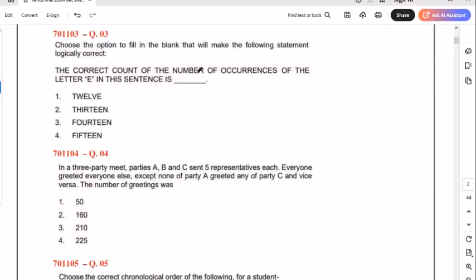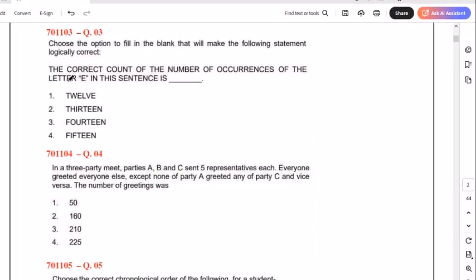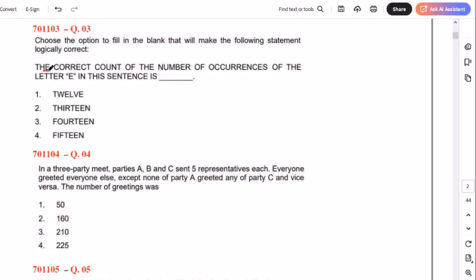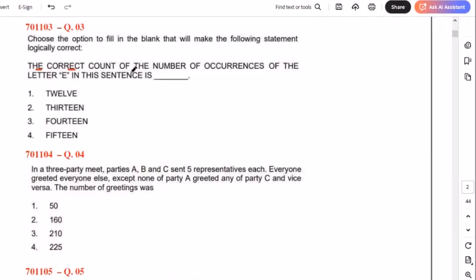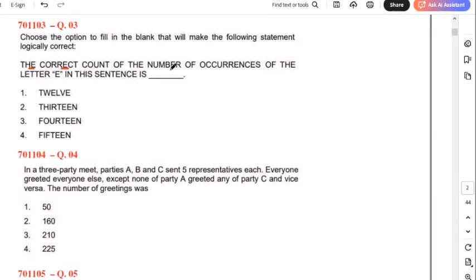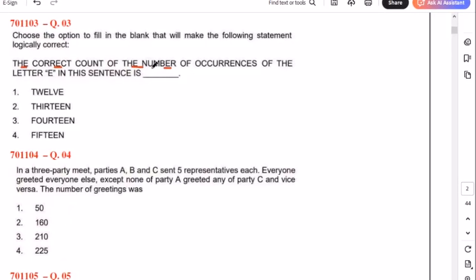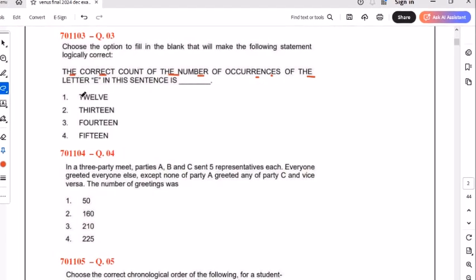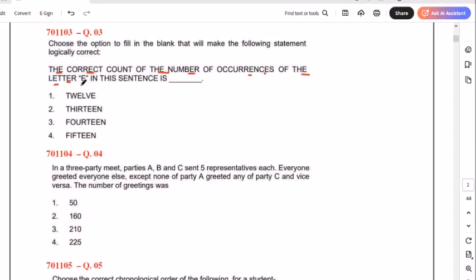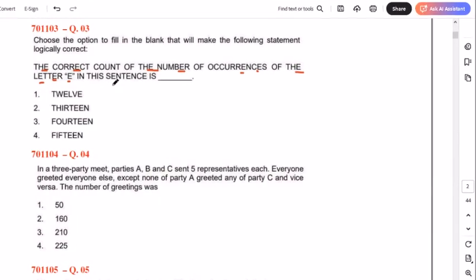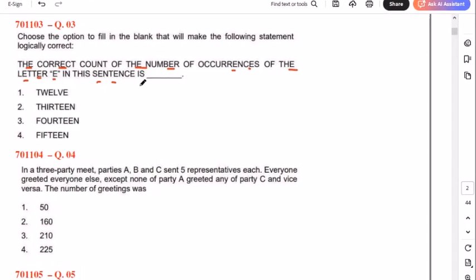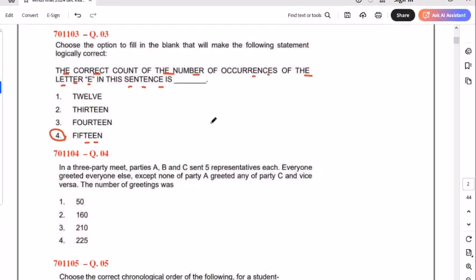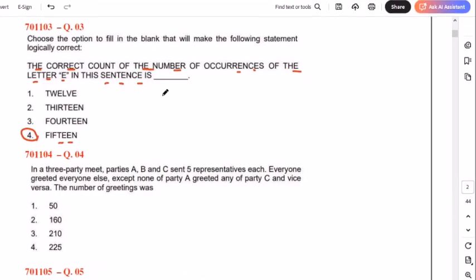The correct count of the number of occurrences of the letter E in this sentence is, so how many E's are there? 1, 2, 3, 4, 5, 6, 7, 8, 9, 10, 11, 12, 13, 15. So option number 4, that is 15, is the correct option, friends.